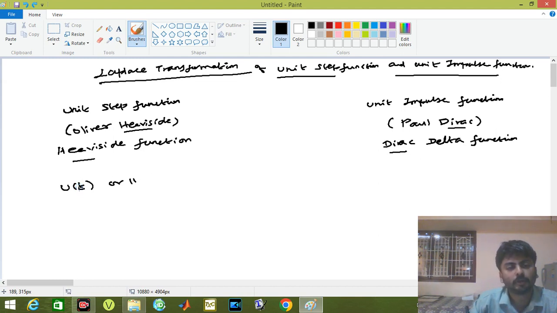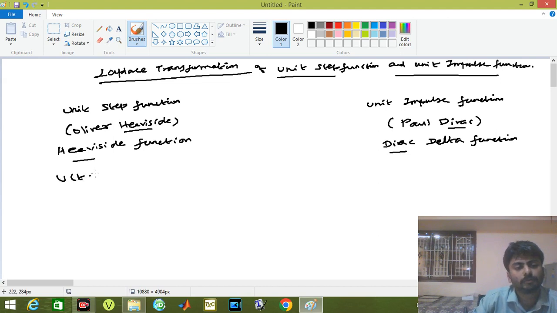So we are going to define them first, and after that u of t. See, that is u of t minus a, that is given by 1 and 0. 1 when t greater than a and 0 when t less than a.